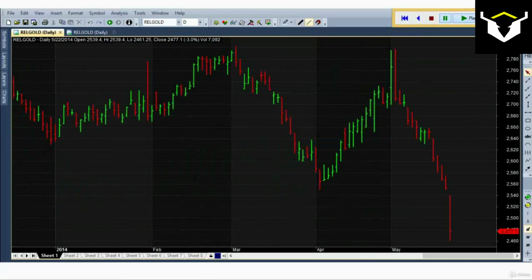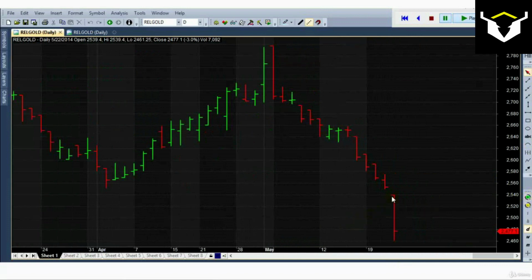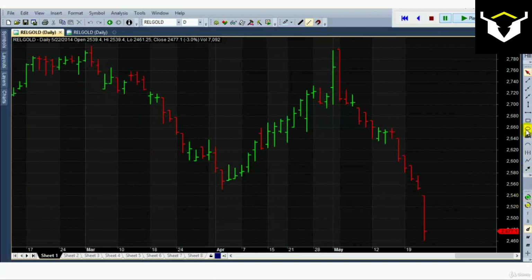Our next example is a chart called Rail Gold. As of the last bar, you can see prices have made a new low, and on the last bar prices fell down violently. They opened gap down, and then the whole day they kept falling down. Now I wish to know the level where prices might find support.